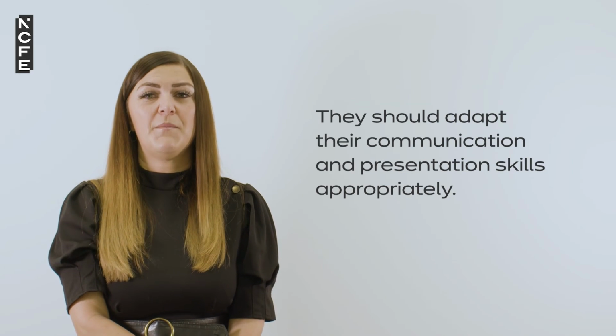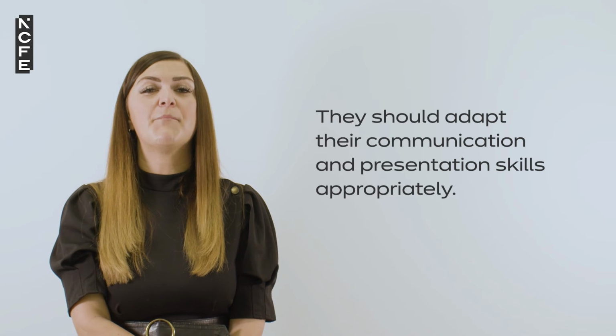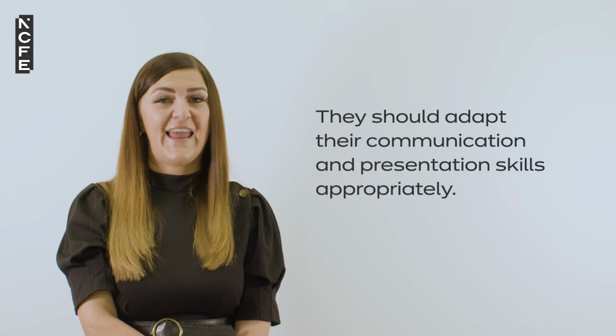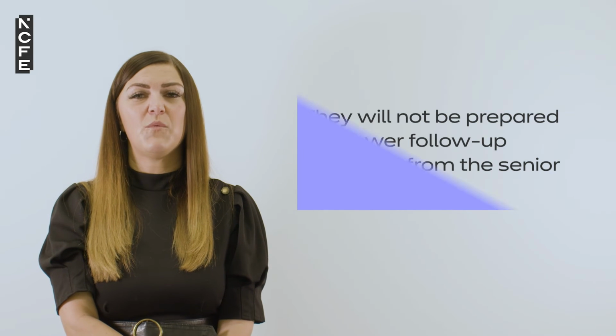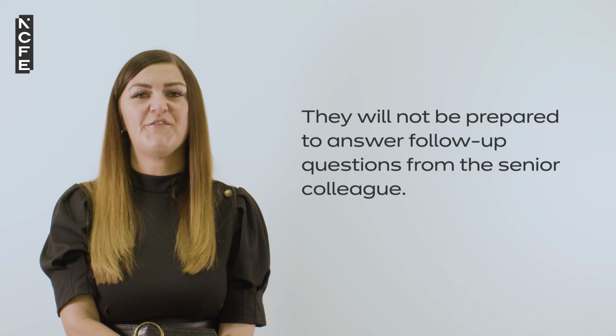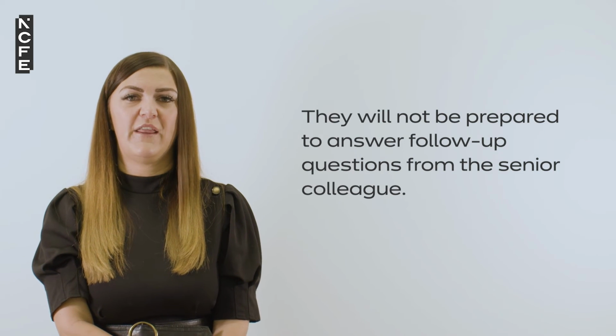They should adapt their communication and presentation skills appropriately to ensure that the language and tone used is professional and formal. If they write and present their work for someone who doesn't work in the sector, then they will not be appropriately communicating and presenting their work to the relevant audience. They will therefore not be prepared to answer follow-up questions from the senior colleague.